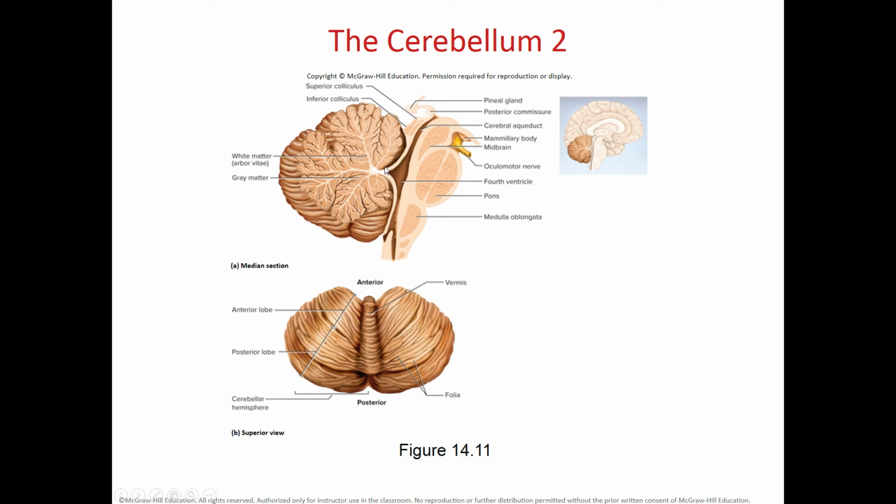So things that you can see here in the medial view will be the cortex, all of this here, and then the white matter, which is the arbor vitae. And then here in the superior view, you can see the right and the left hemispheres, and then the vermis separating them, and then the foldings or gyri that are called the folia.